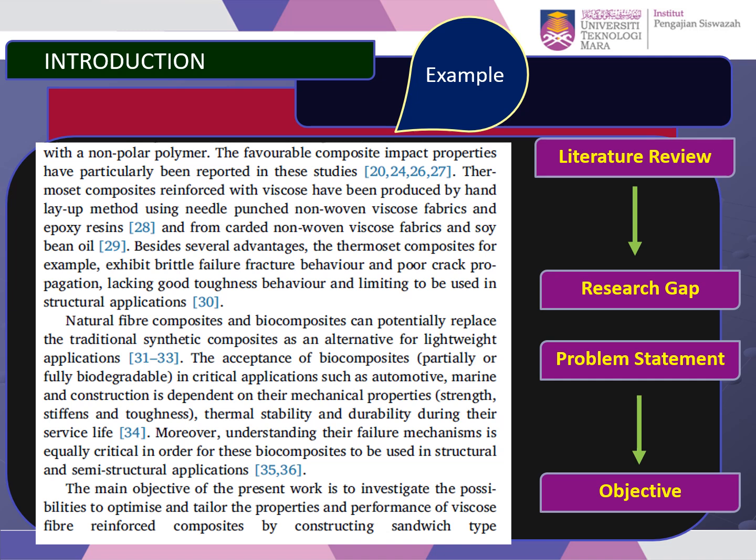So they start to highlight the research gap. Okay, the limitation, poor cracking failure behavior, so this is the research gap. And from that, they come up with a problem statement. And finally, they formulate the research objective, the main objective of the work. So this is a very good example.